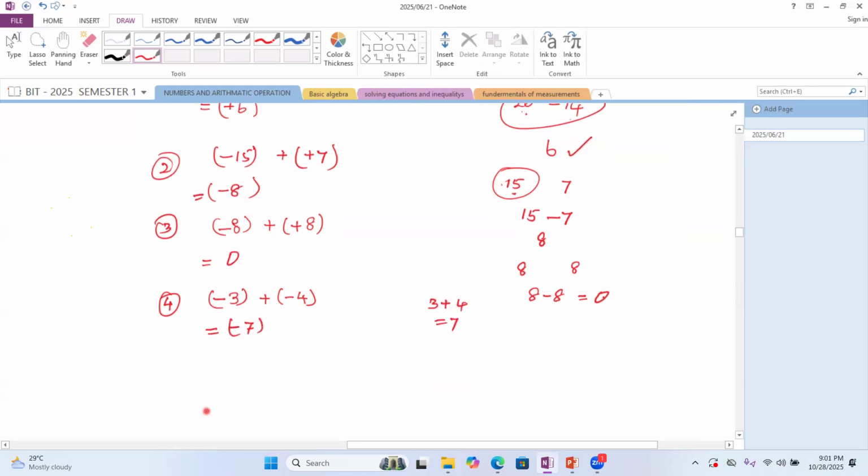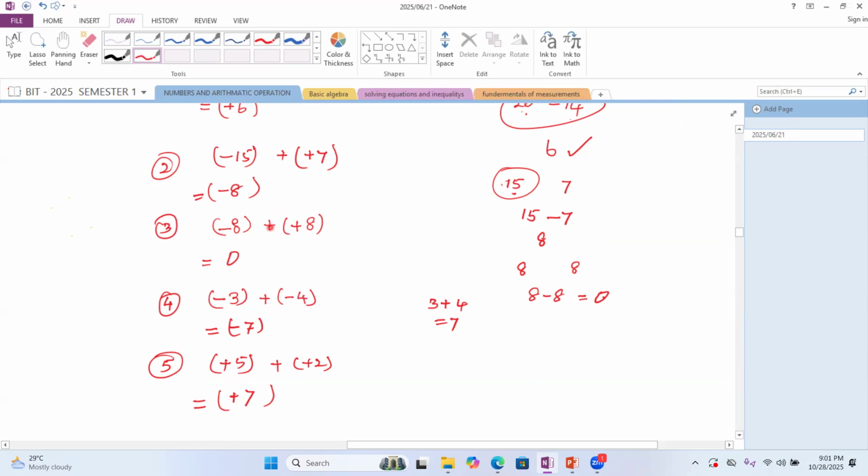And another one, plus 5 and plus 2. Because here is the same sign, we add the numbers. 5 plus 2 is 7. Then put the same sign, plus. That is how we add same sign numbers, and how we add opposite sign numbers.